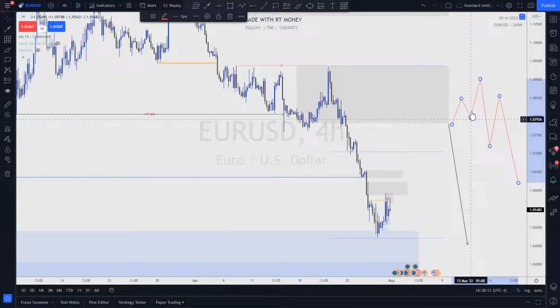A low is made, a higher high, a break of that low, a return to impulse, and then down. You need to see this here, here, or here.